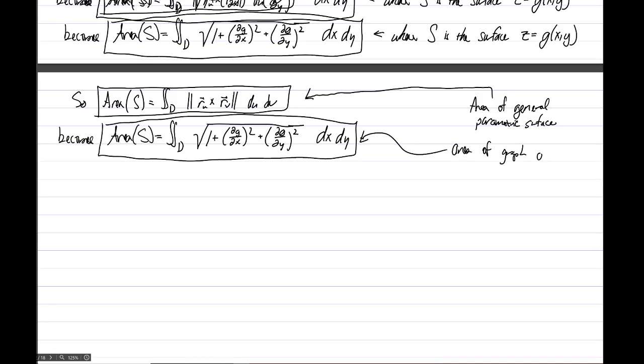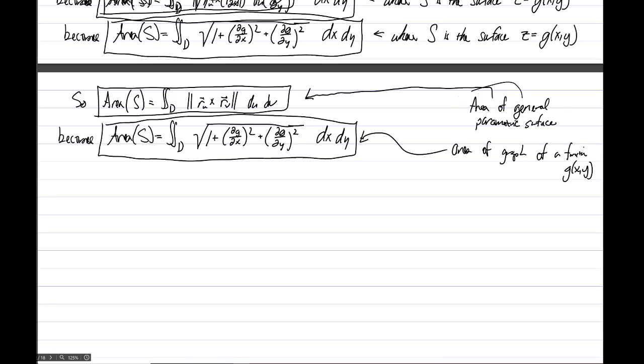Over here, this is the area of a general parametric surface. When you parameterize any surface, you can always use this top formula. But a special case of this is the area of the graph of a function g of x comma y.